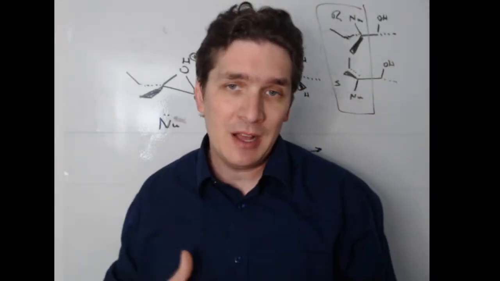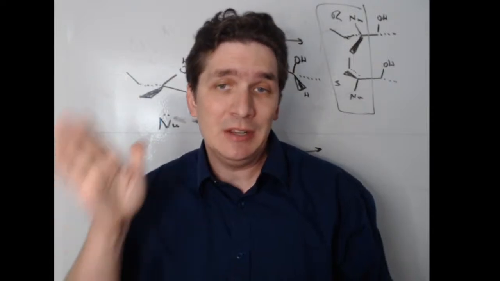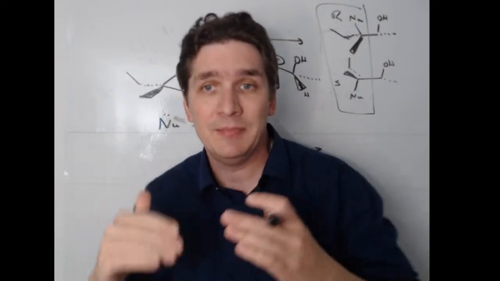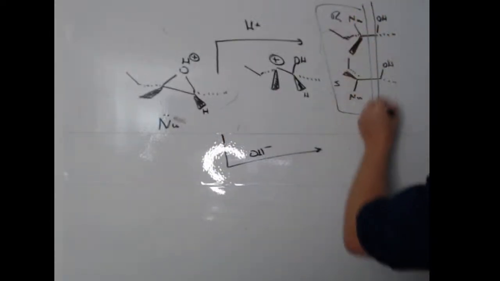But for the epoxide, for the oxygen side, we're only going to get one chirality because it doesn't have a choice. It can only open up one way. So this is going to be the same chirality.